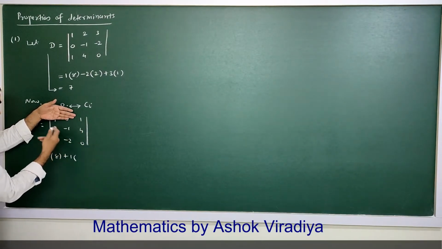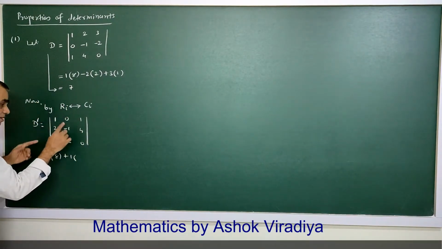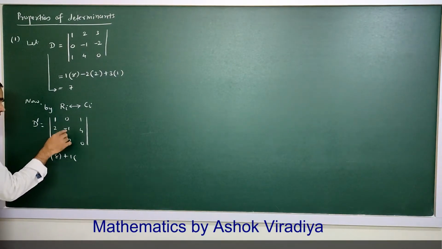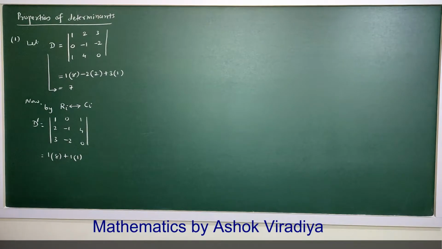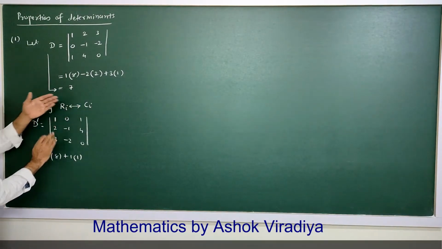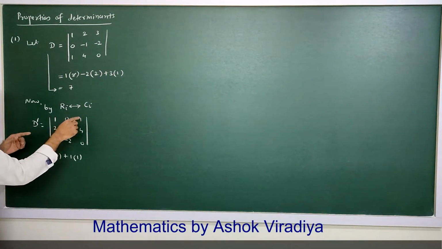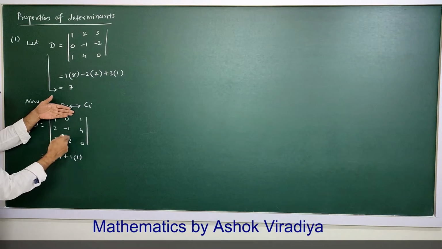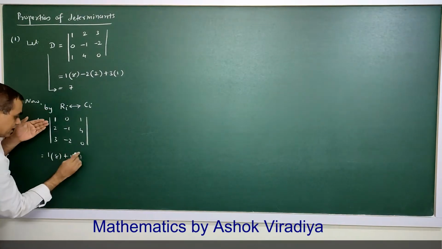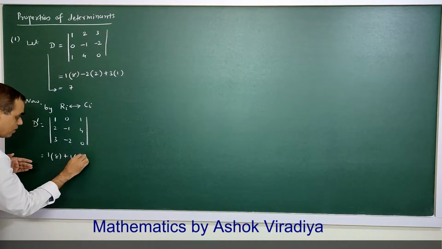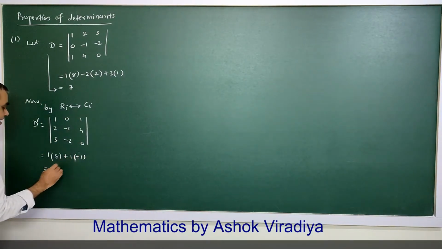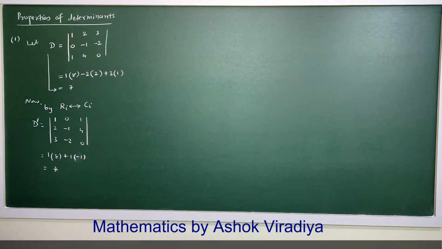Then 1 into minus 4 plus 3, that is minus 1. Sorry, here it is minus 1. So 8 minus 1 is 7.